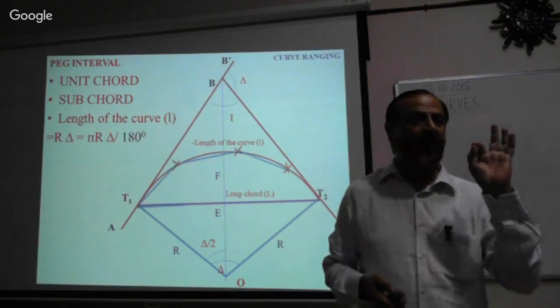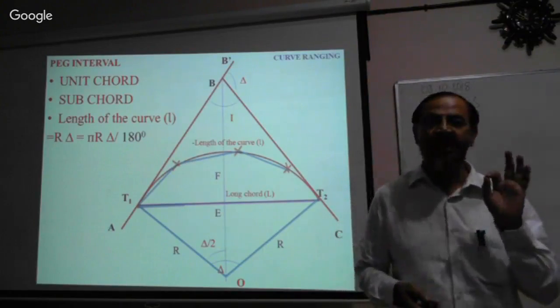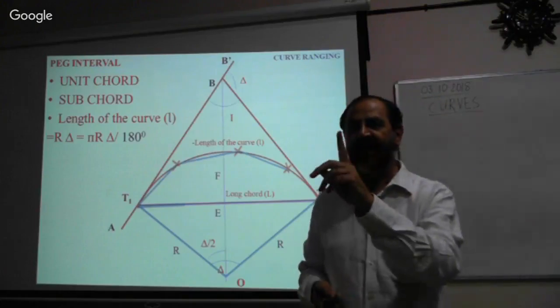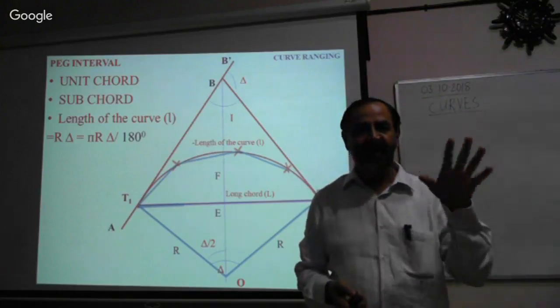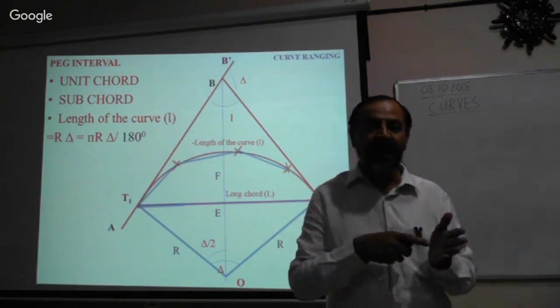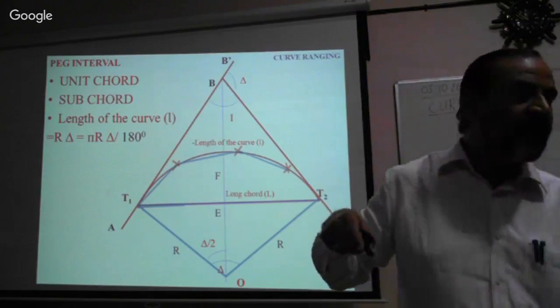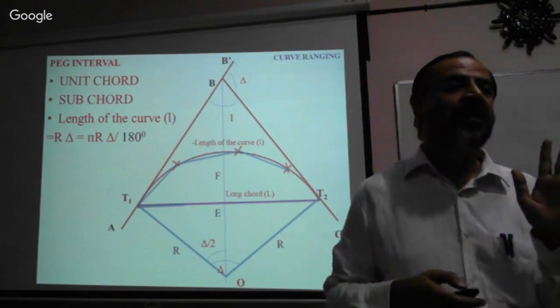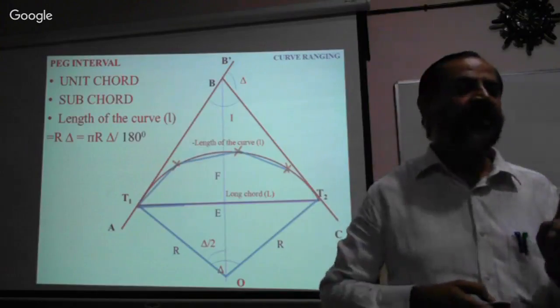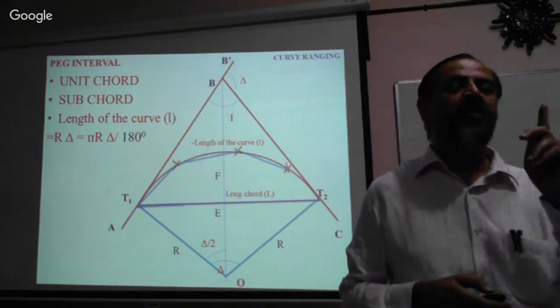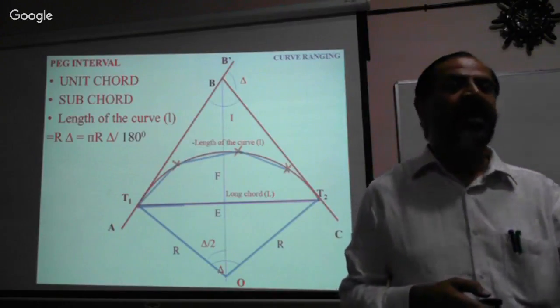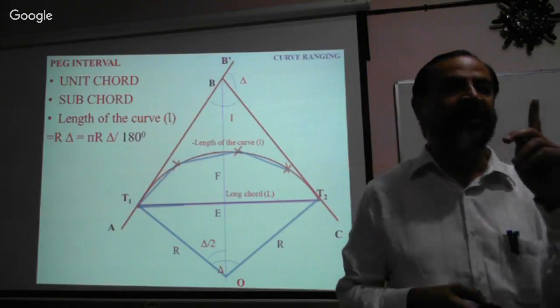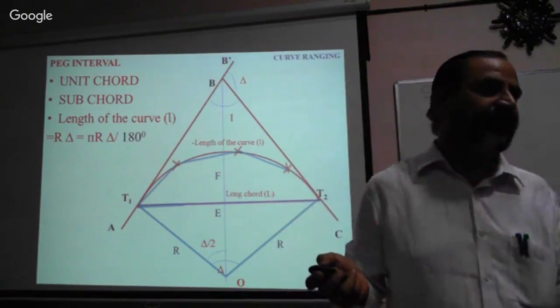Usually it is one chain length, which may be 30 meter or 20 meter. If the curve is too steep, we go for shorter. But in one theory, each card length should not be more than 1/20th of the length of the curve.